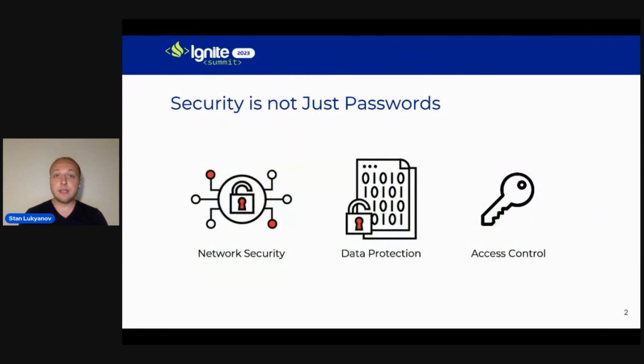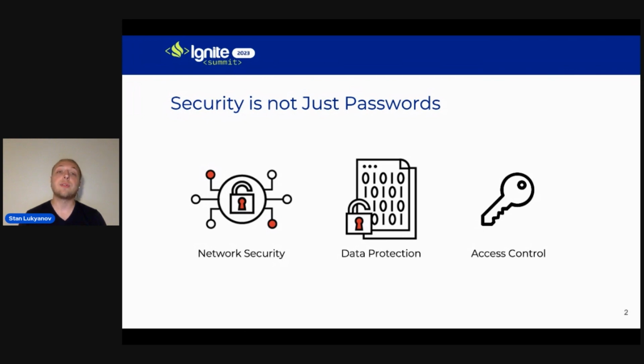So what exactly are we going to talk about today? First, I want to define our agenda as security in the broad sense, not just how we can provide passwords and authentication information to the database, but we will also talk about how we deploy Apache Ignite securely, how we protect data in Apache Ignite on the very basic levels.